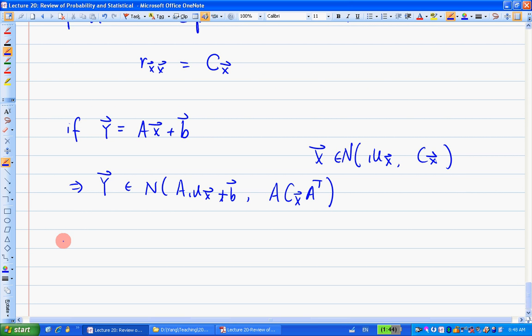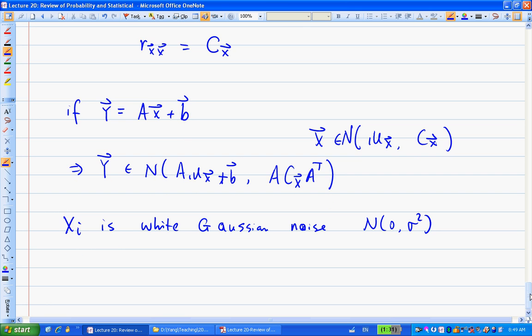Basically, let's say xi, one of the random variables, is so-called white Gaussian. White Gaussian noise means it's zero mean with a certain variance, right?